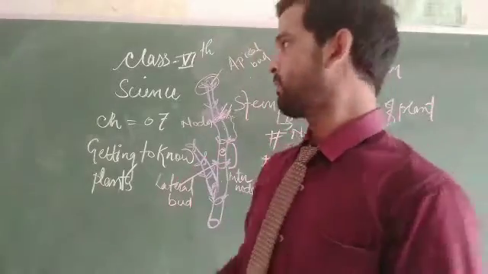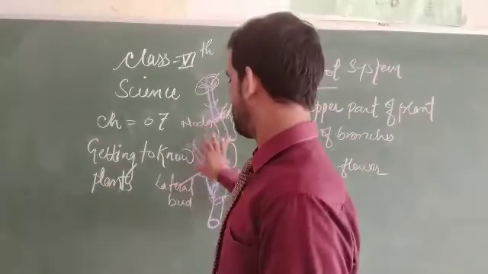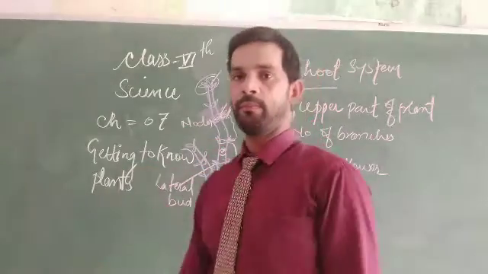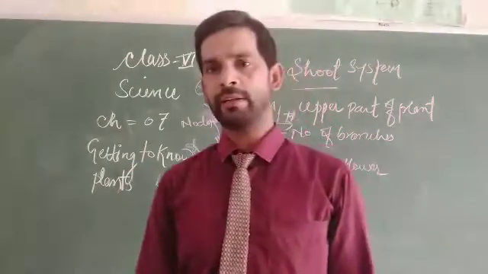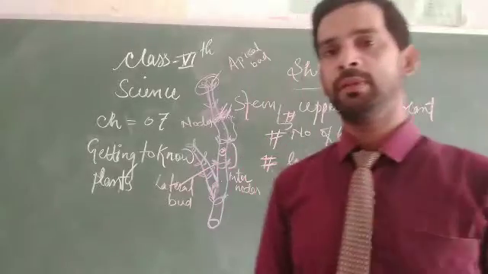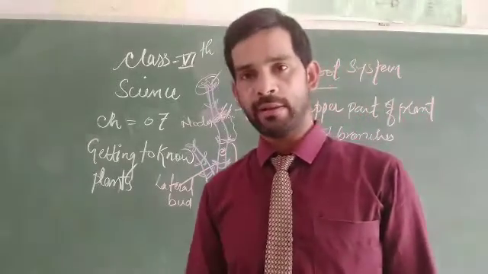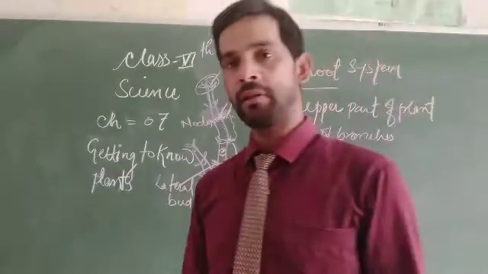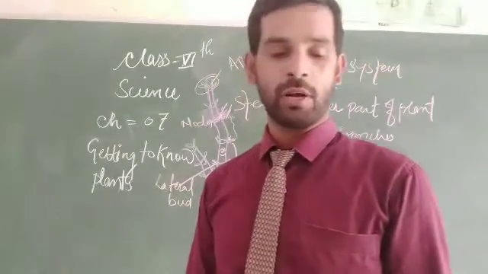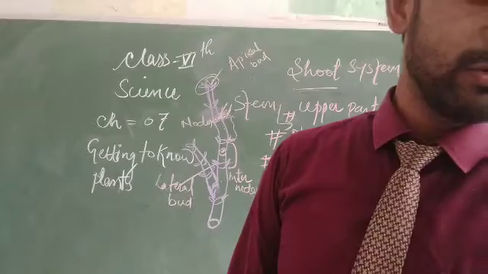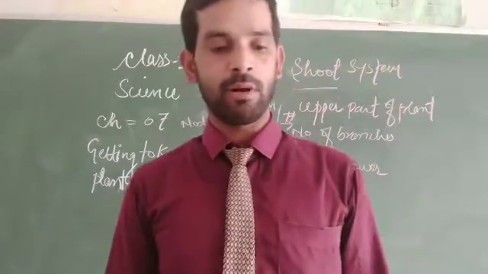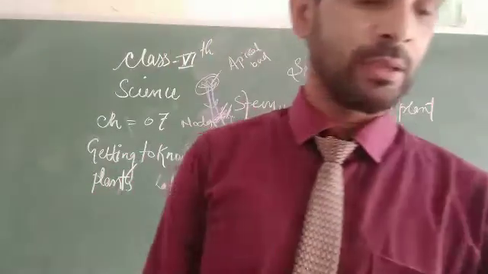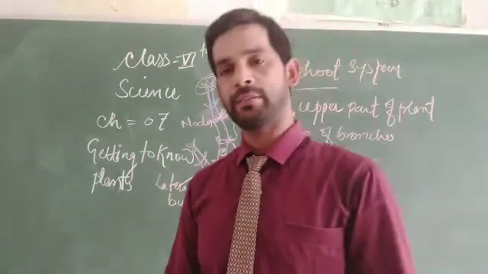Some other buds arise at the nodes, at the lateral part of the stem. These are called lateral buds, or axillary buds. You can see the buds are also present at the point from where the leaves arise.